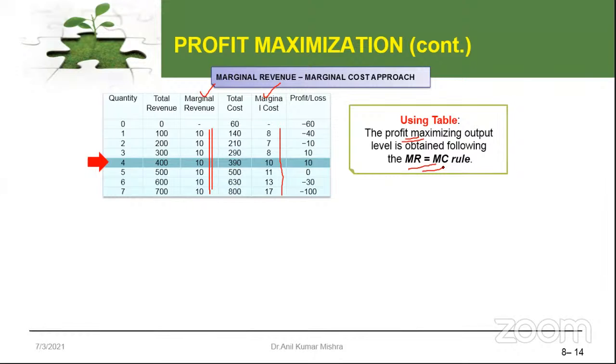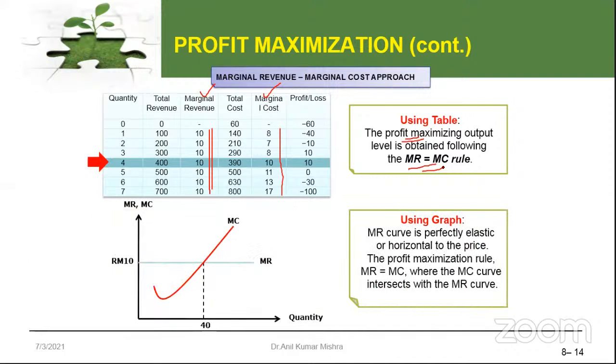Now you have to put it in the graph. When you put it in the graph, what you find is that the marginal revenue is a horizontal straight line as it remains constant according to the quantity, and this is equal to the average revenue or demand curve, that is the price of the product, right?